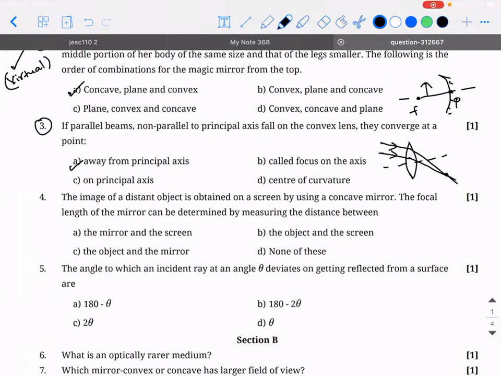Try to understand the basic definition of focus. When you take a set of parallel rays which are parallel to the principal axis, that is important, after refraction they will meet at a point on the focus. Whereas when you talk about rays which are not parallel to the principal axis but are parallel to themselves, they will form an image slightly away from the principal axis.